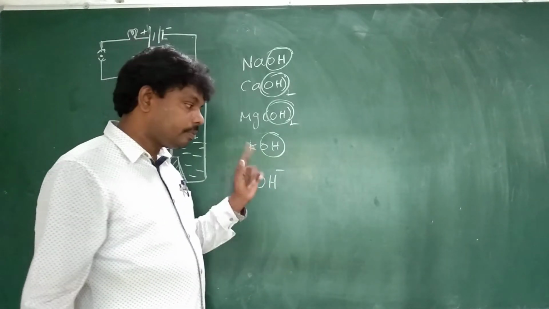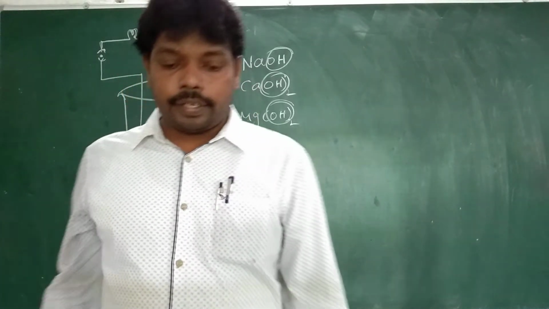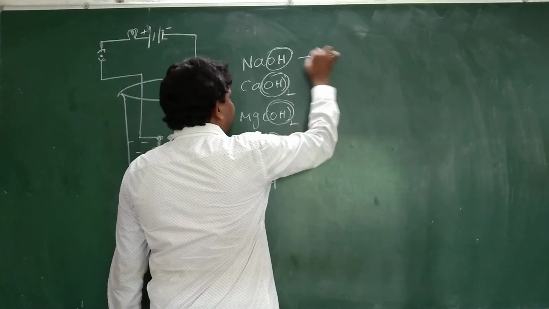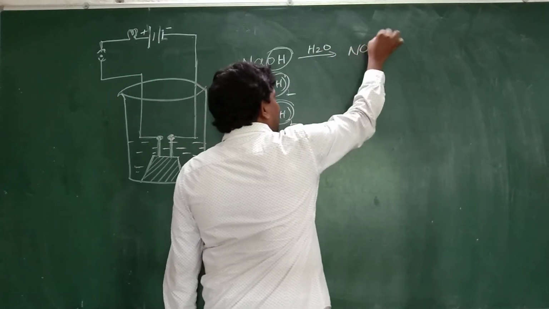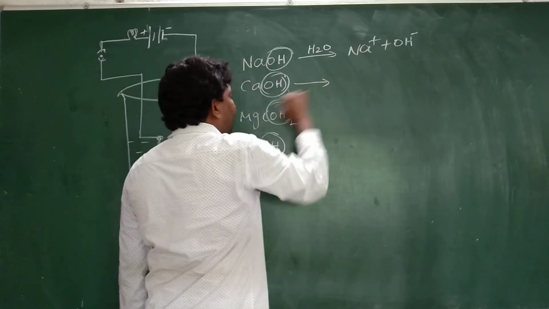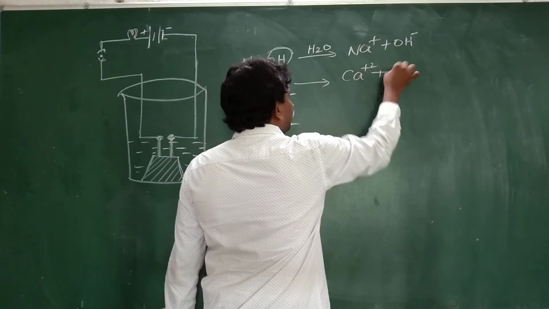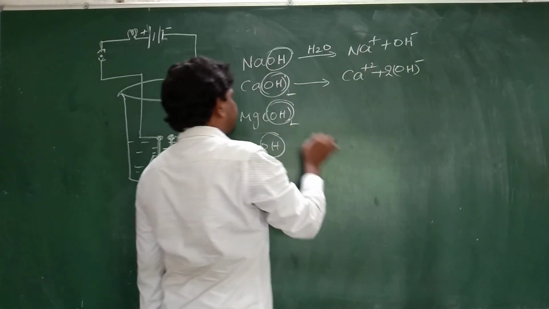Got it now? So next, when NaOH is dissolved in water, what happens? It gives Na plus and OH minus. Ca(OH)2 dissolved in water gives Ca 2 plus and 2OH minus.